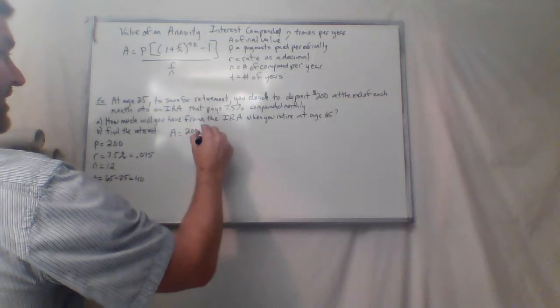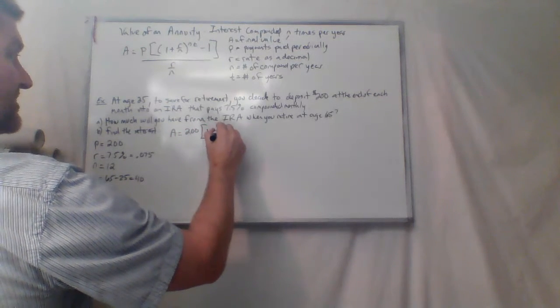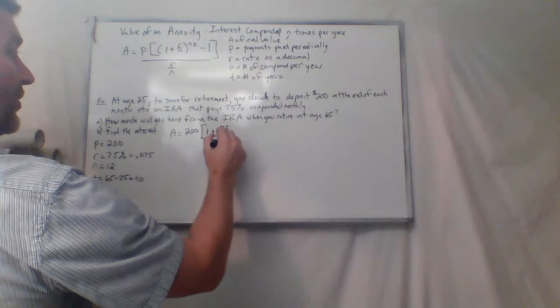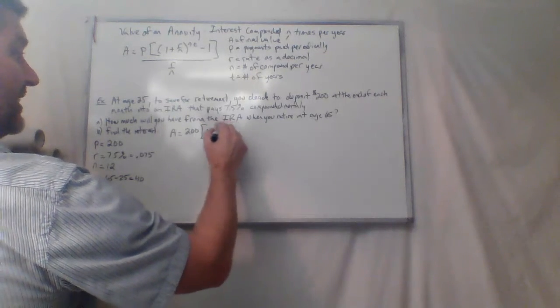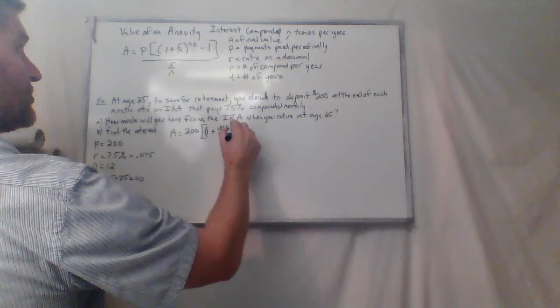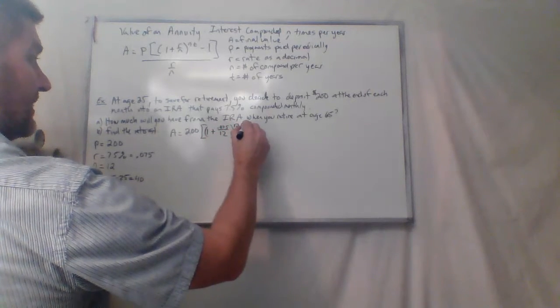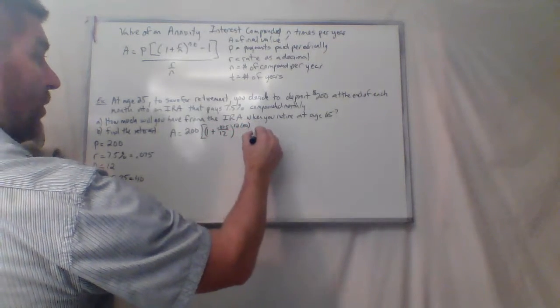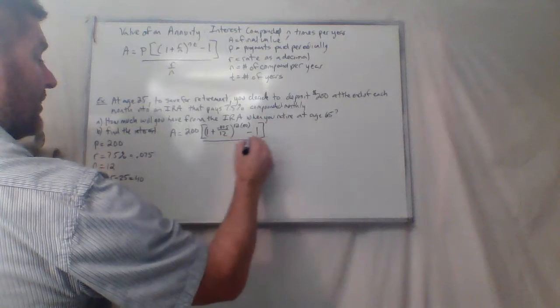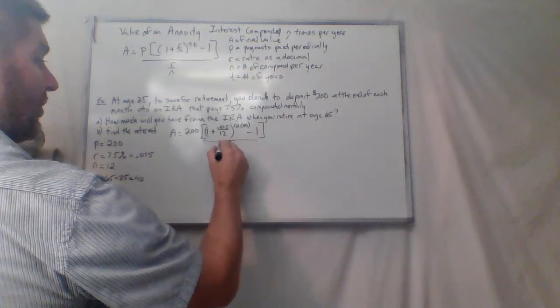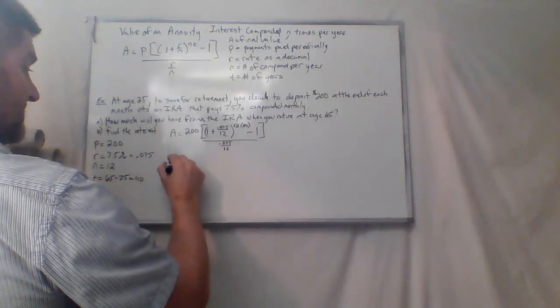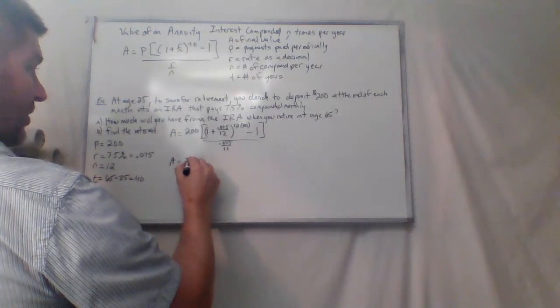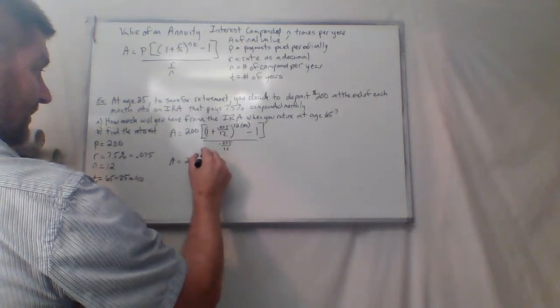month? So that's 1 plus the rate, 0.075 as a decimal, over 12, to the, and this is in parentheses, 12 times 40, minus 1, over 0.075 over 12. So this is going to take a little bit of time, but I'm going to start with the parentheses inside.